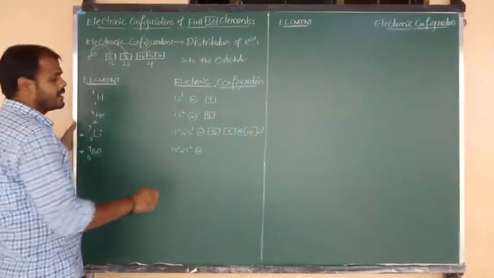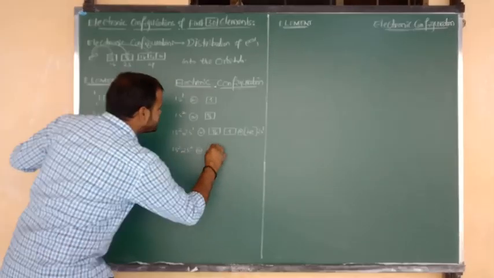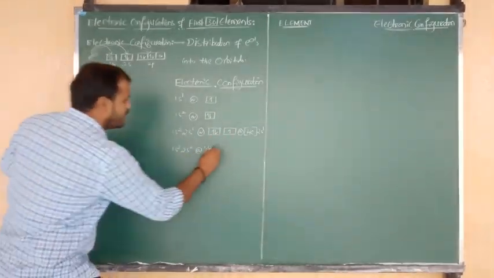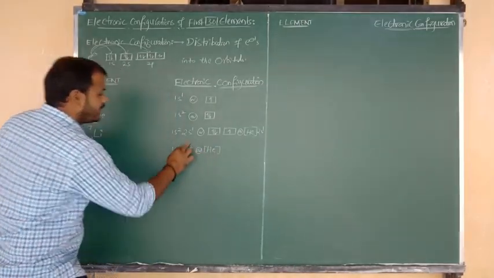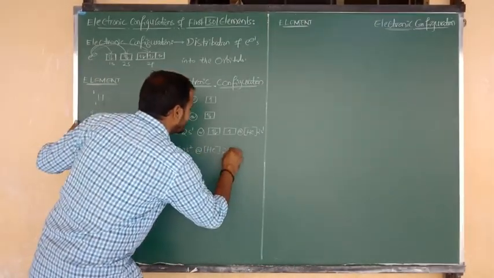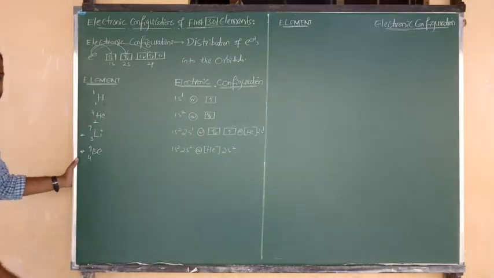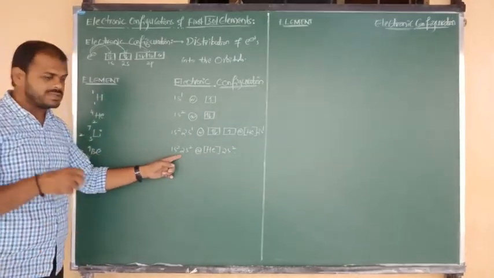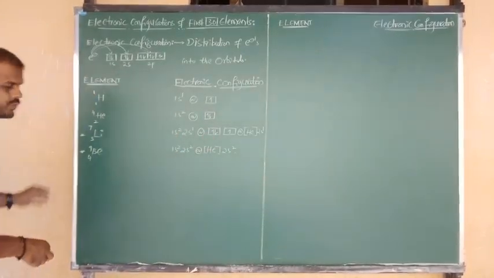Also we can write in short form: 1s2 means helium, which I have written here. Remaining is 2s2. So beryllium electronic configuration is 1s2, 2s2 or helium 2s2.